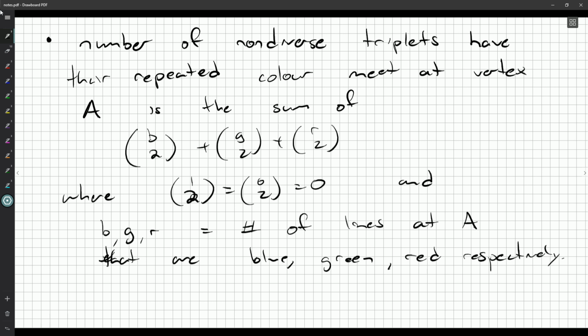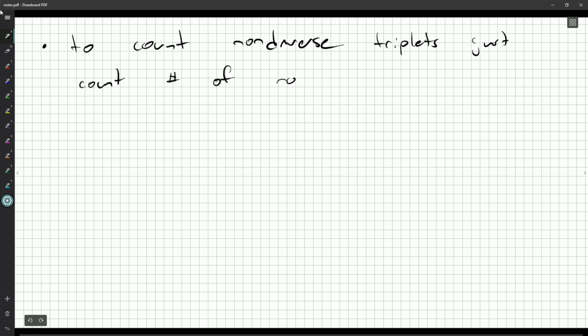So, to count non-diverse triplets, just count the number of non-diverse triplets at each vertex. Okay?